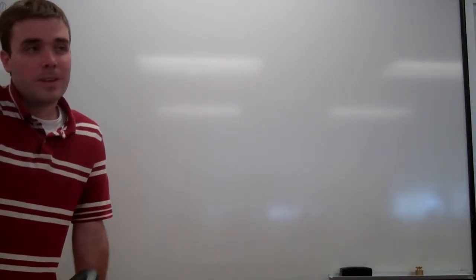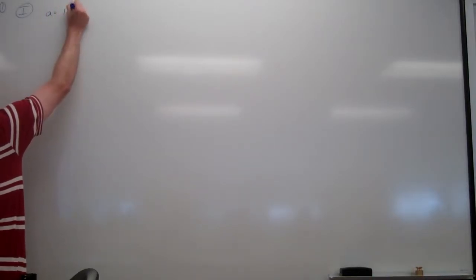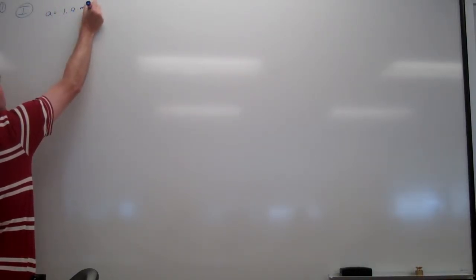So, for part 1, the acceleration, what do we know? It's accelerating at 1.9 meters per second. Yep. So we know a is equal to 1.9 meters per second squared. What else do we know? It's accelerating for 14.7 seconds.